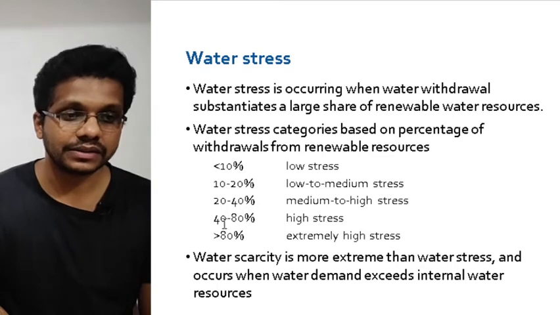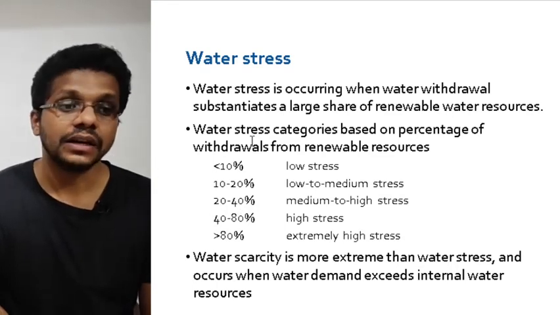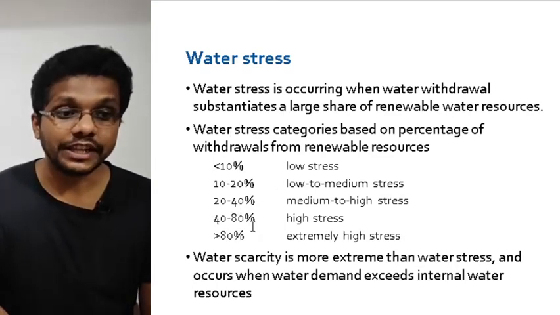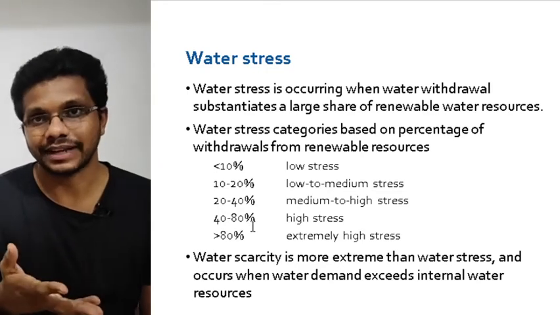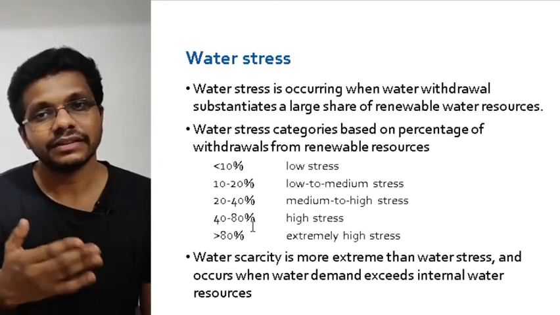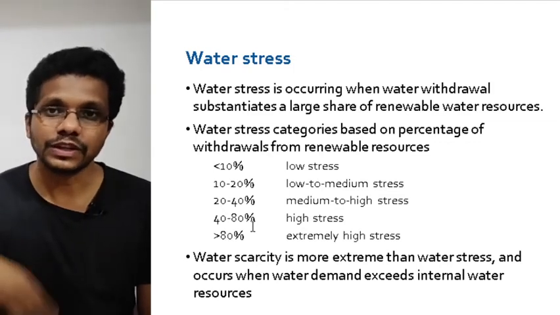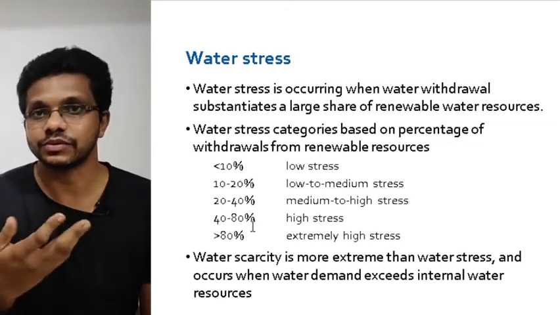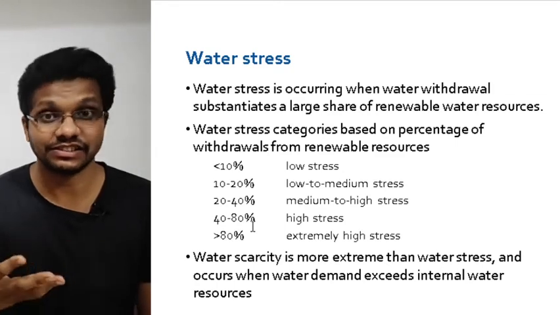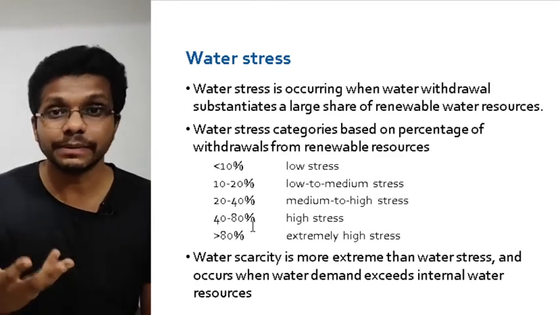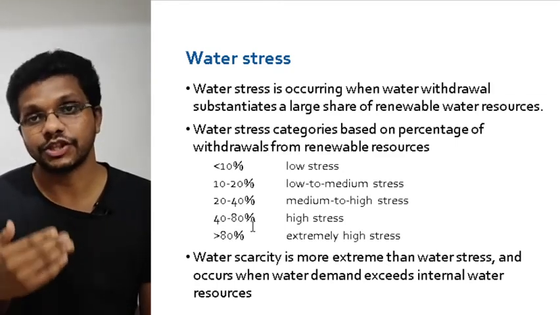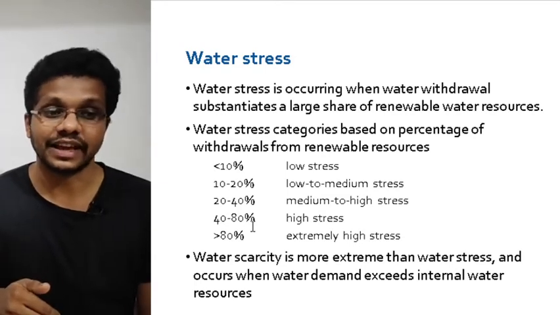But if you are withdrawing 40 to 80 percent of water from the natural resource, much of the water is already taken, so the renewable capacity of this resource will be lost. So we say that is a high stress area. If you are withdrawing more than 80 percent of the capacity of a renewable resource, we say it's an extremely high stress area.